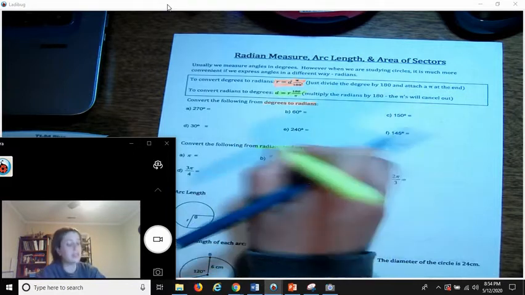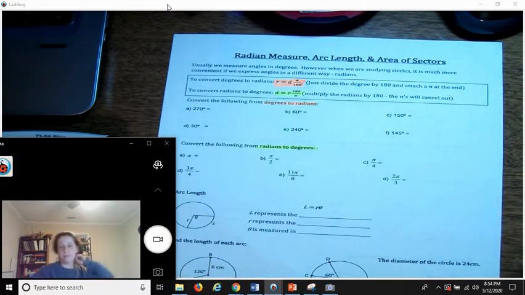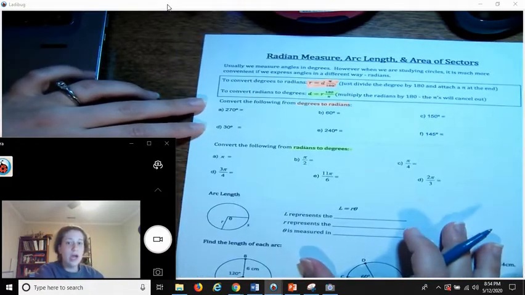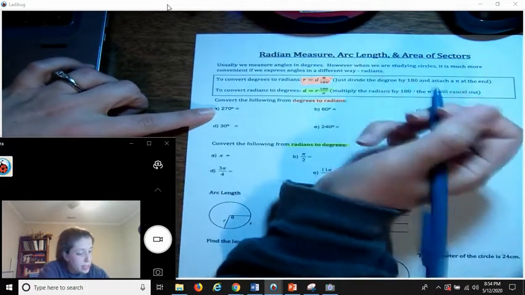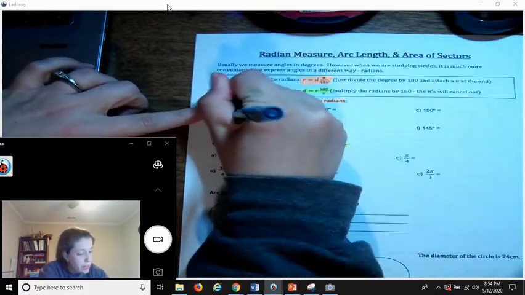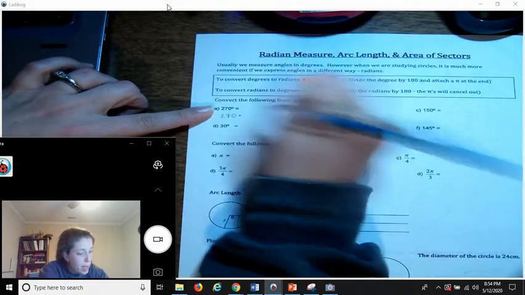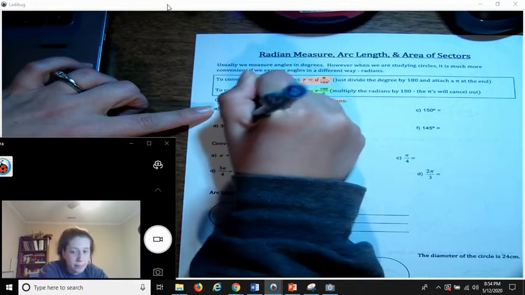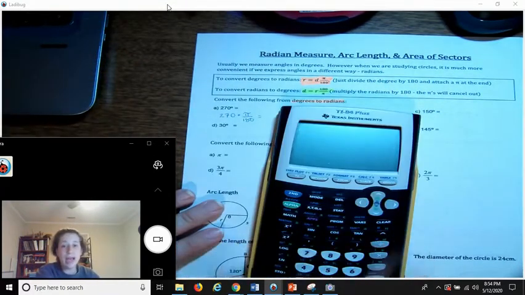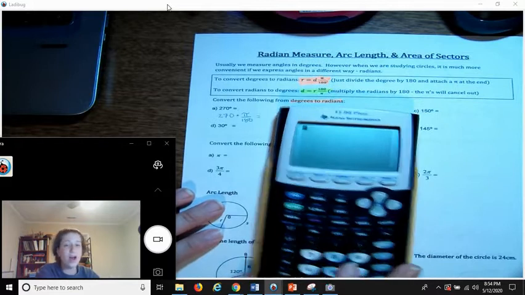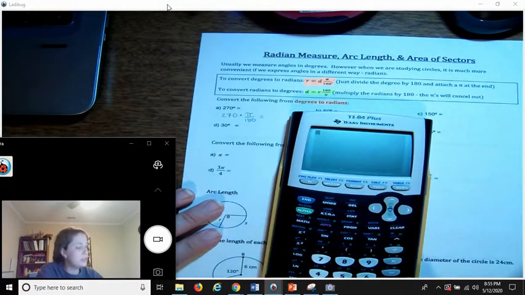That is what we're doing in these practice problems. Okay, so let's go ahead and practice. Here we convert from degrees to radians. We're given this degree measure, 270, and I'm multiplying by pi over 180. When we have radians, we want our pi to be there. So I take 270 and divide by 180, and I should get 1.5.